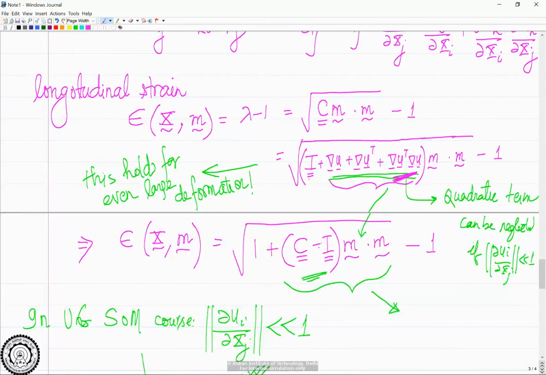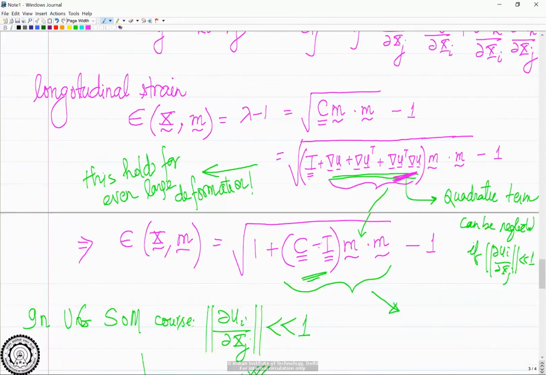Most of the machines that work, if you go to a workshop and look at a machine vibrating, the vibrations are very, very small. And then it is very safe to assume that displacement gradients are very, very small, and then you can use linear elasticity. But suppose a machine is vibrating, a lathe machine or a cutter machine, and it goes into a resonance regime.